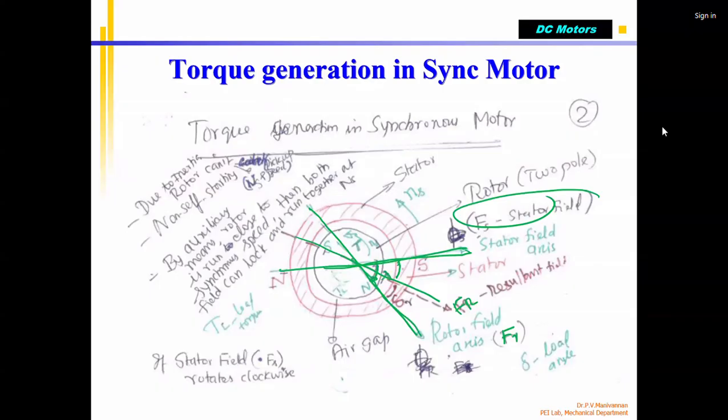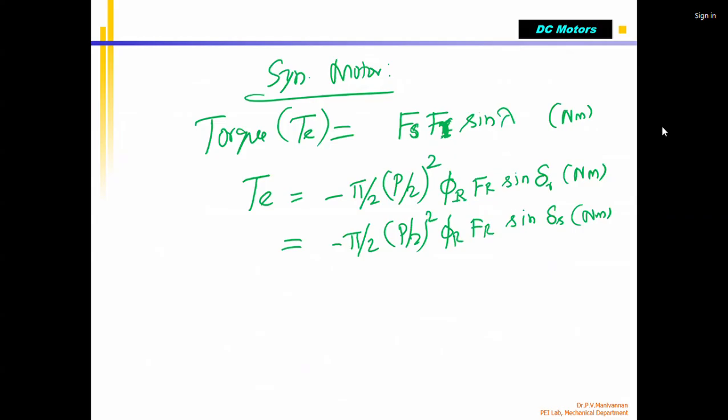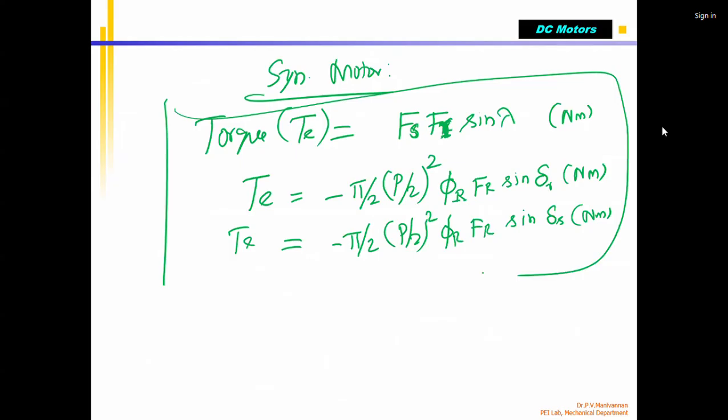The angle between the resultant magnetic field vector Fr, the middle one, and the stator field is called delta S. And similarly, the angle between the rotor magnetic field and the resultant magnetic field is delta R. So there are three angles you will generally see in this figure: lambda, delta R, and delta S. Based on that you can write the final equation. You can use any one of the equations to compute the torque generated by the motor.